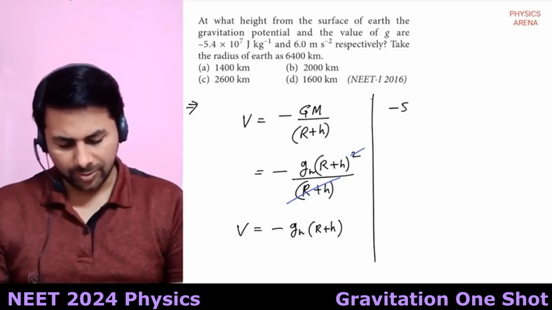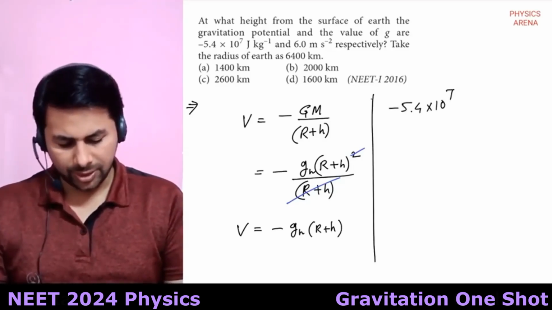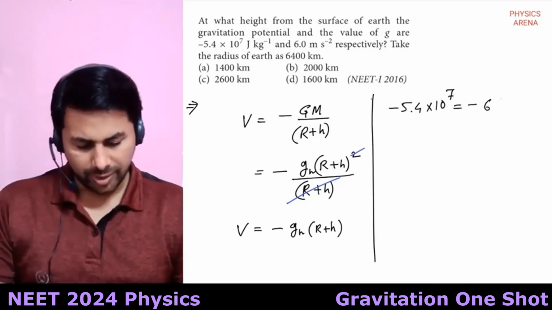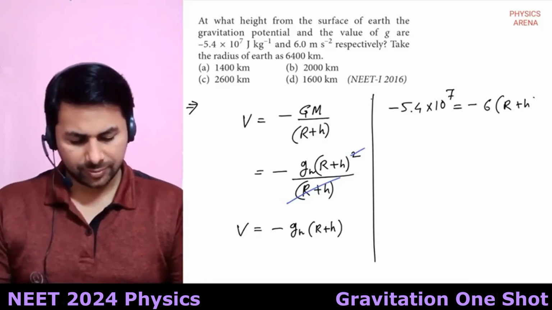So V is minus 5.4 into 10 raised to 7. It's equal to minus 6 multiplied by (R plus H).